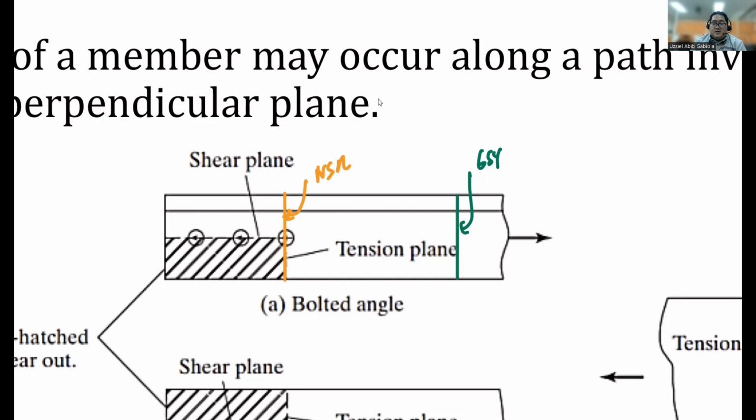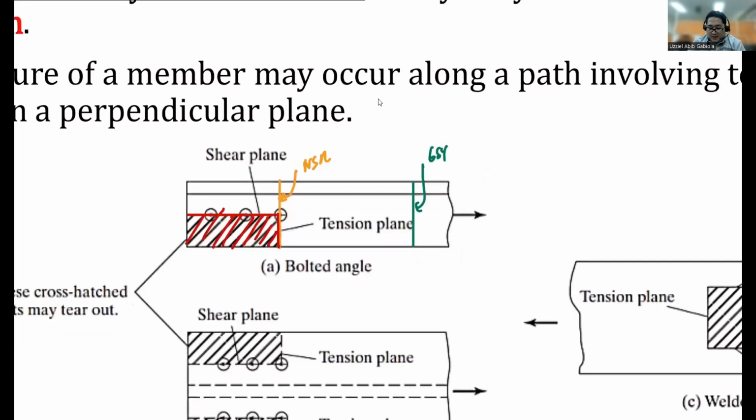We need to consider a phenomenon where the member can fail along a shear plane, an area parallel to our applied loading. That is where block shear rupture comes in. So this is our shear plane, this is our tension plane, and this is what remains of the section, which can shear off. We need to consider it because it can also happen to our tension member during its lifespan.